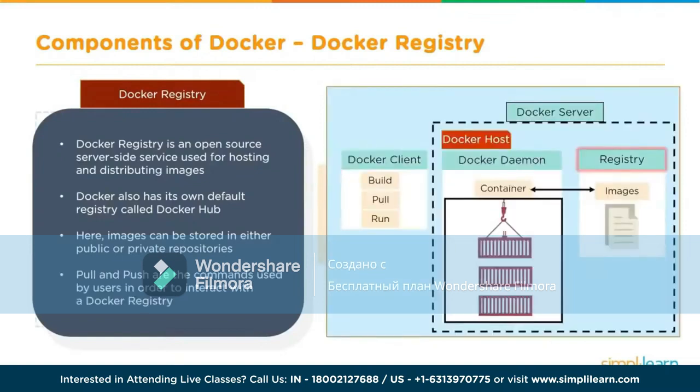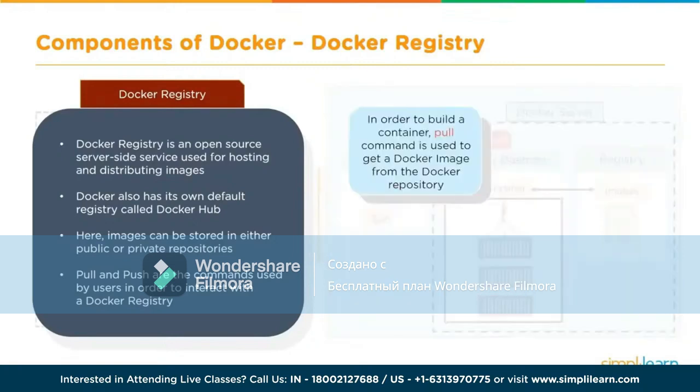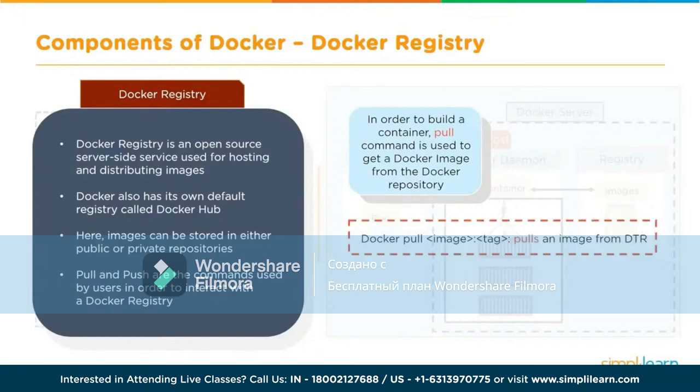The way in which you connect with the Docker registry is through simple pull and push commands that you run through the terminal window to get the latest information. If you want to build your own container, you'll start by using the pull command to pull the image from the Docker repository. The command line for that is fairly simple.